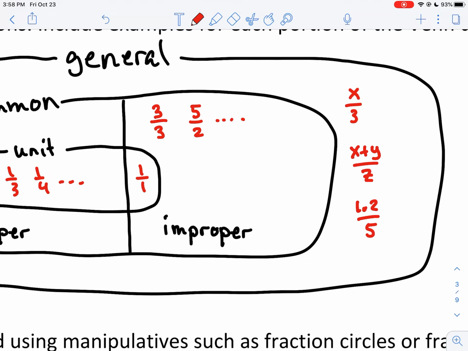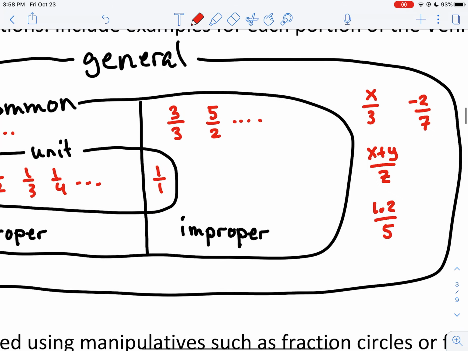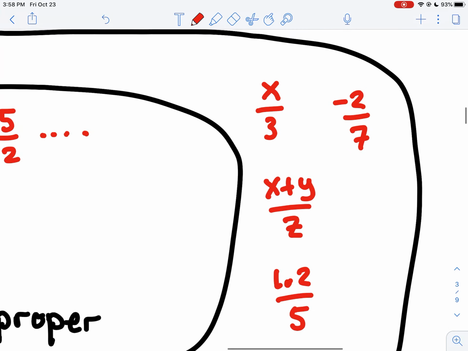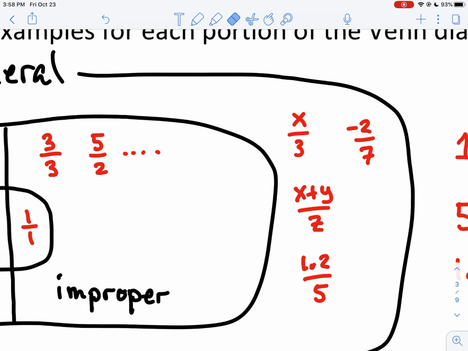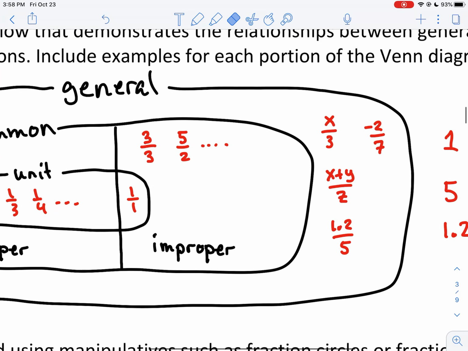Or a negative involved, like a -2 over a 7. Right? Because we said that to be a common fraction, we want the numerator and denominator to be natural numbers. But in this case, this is not a natural number involved. So it's still going to be a general fraction, but we're not going to consider it a common fraction.